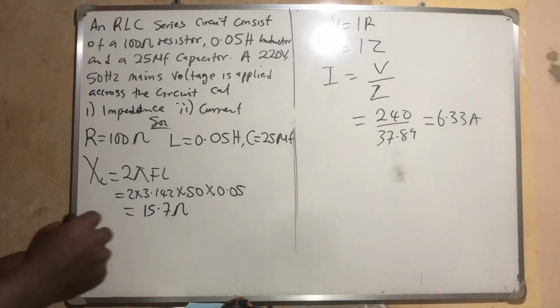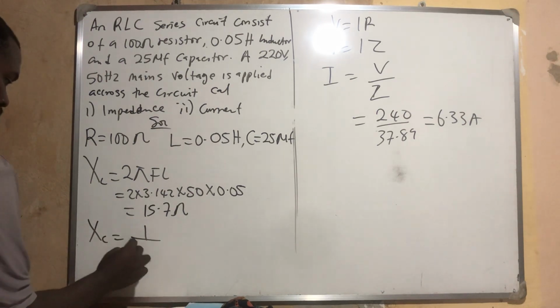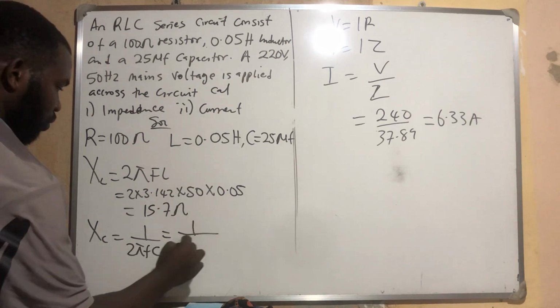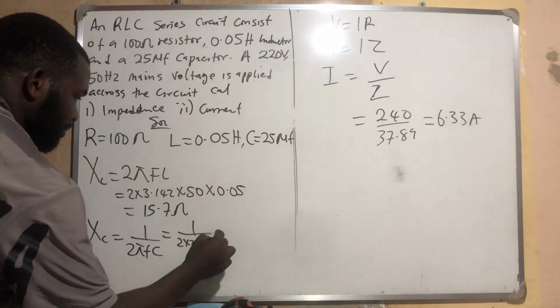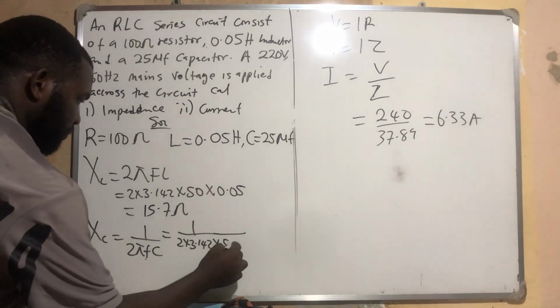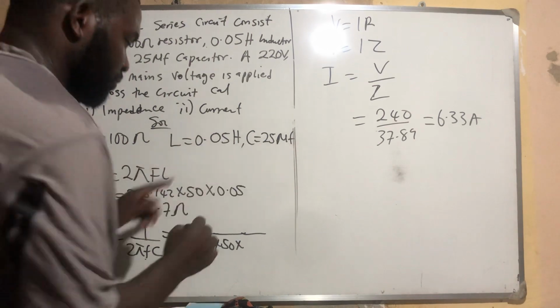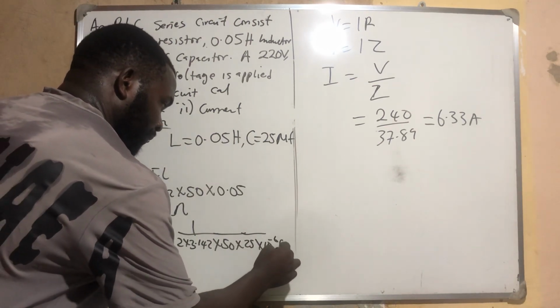Okay, so the next thing I need to calculate is my XC. My XC is 1 over, don't forget, 1 over 2 pi FC, which is what? 1 over 2 times 3.142 times my F is 50 times my C in farad. So it is going to be 25 times 10 raised to power minus 6 farad.